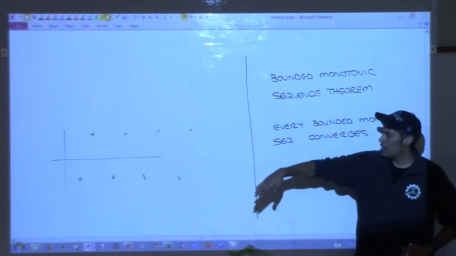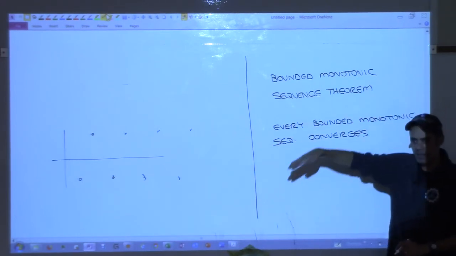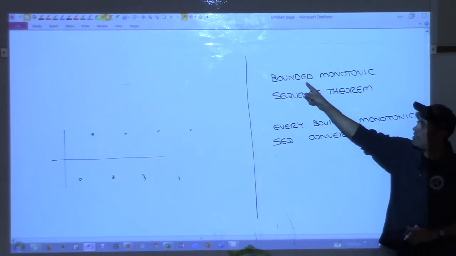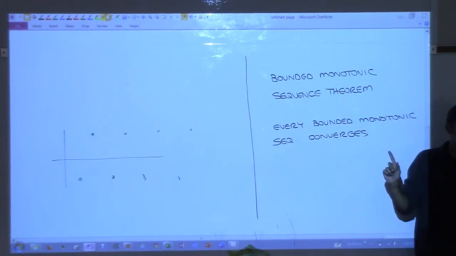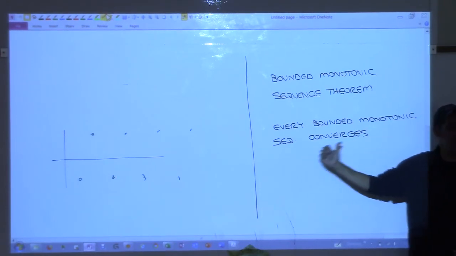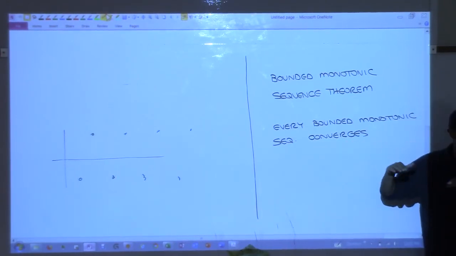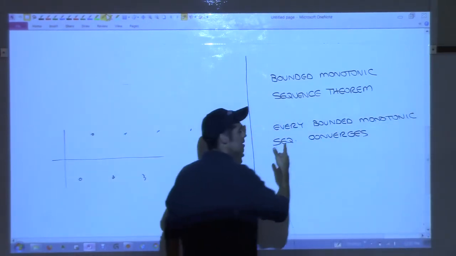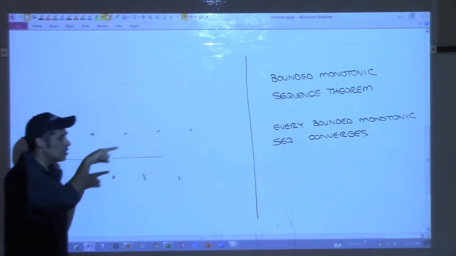It doesn't go up and keep going up, or it doesn't go down and keep going down, right? This theorem says if you have both bounded and monotonic, then it must converge to something. Your sequence must head to something, kind of like a limit of a function. Remember when we took limits as x went to infinity and a function was kind of like finding the horizontal asymptote? This is basically saying that if you're bounded and you're monotonic, you have to go to a certain place.